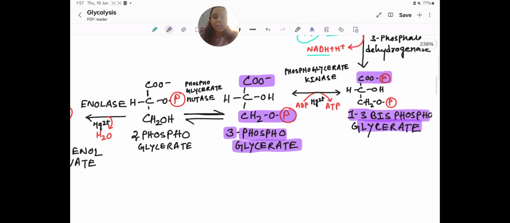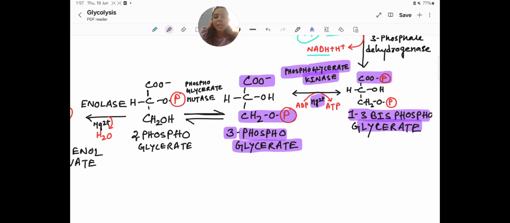In this step, 1,3-bisphosphoglycerate to 3-phosphoglycerate, the enzyme is named phosphoglycerate kinase. Here there is also generation of ATP from ADP, with cofactor Mg2+. But this arrow is in 2 directions, so that means this step is also reversible.